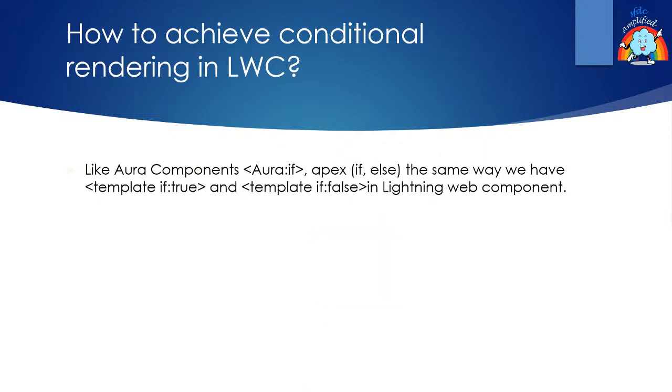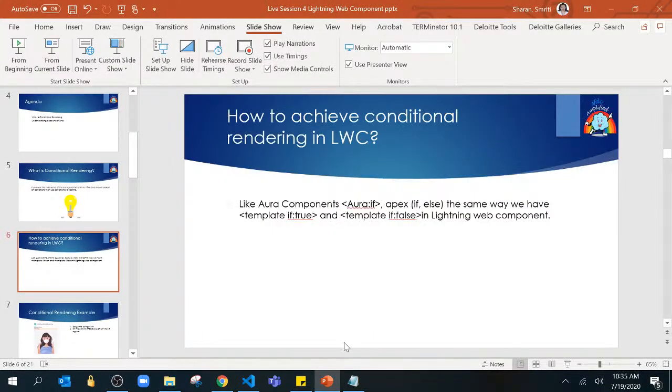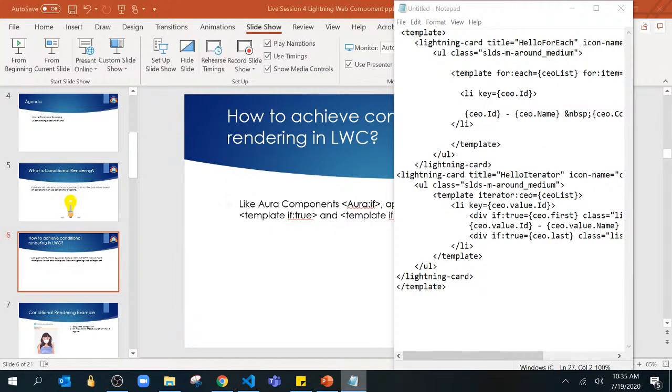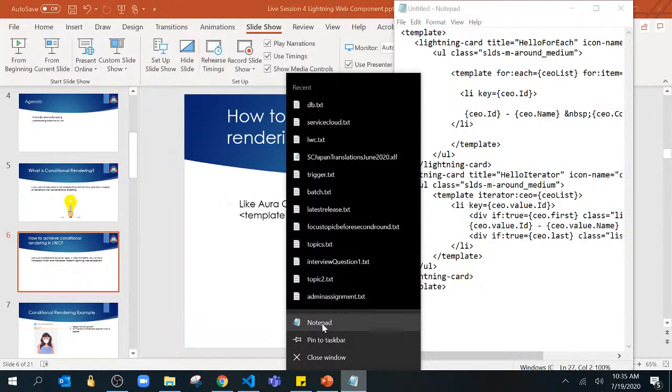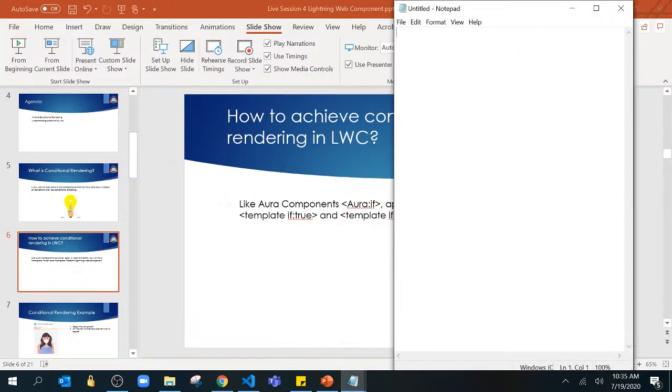Now how can we achieve conditional rendering? If we talk about Aura, in Aura we use aura:if, and when we come to Apex we use if else. Let's see how we do it. When we are talking about Apex, we simply use if and we use else.